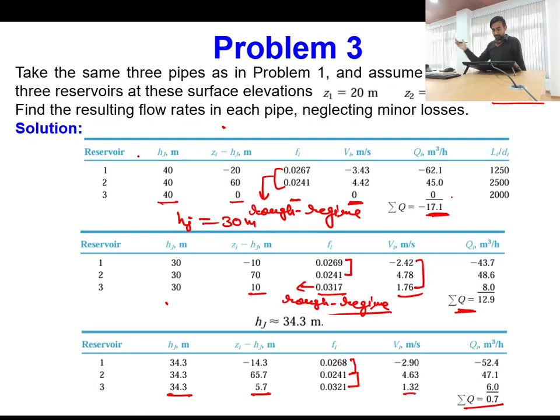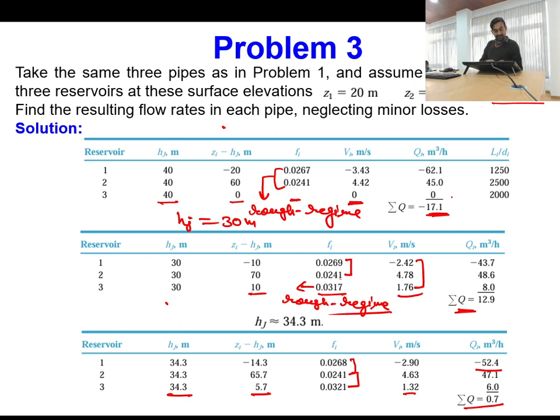One more thing I would like to mention over here: you can clearly see from the previous example that my first flow rate is coming out negative. So the meaning is that in this example I considered all flows approaching the junction, and this one is coming out negative to my assumption.